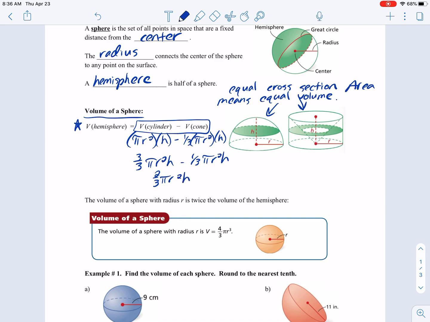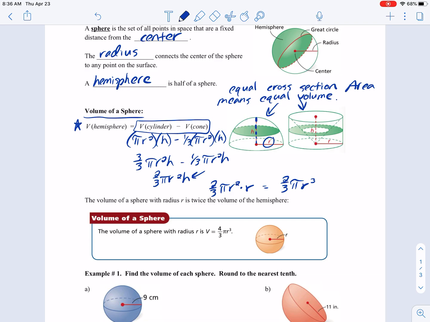r squared times h. Okay, and then the last thing I'd like us to notice is if we look at the height of this hemisphere, it's the same as the radius. So we can just take this height and replace it with the same length, the radius, and now our formula simplifies down to 2/3 pi r squared times r, which is r cubed. So this is our formula for the volume of a hemisphere.